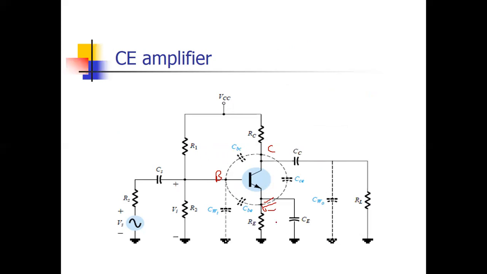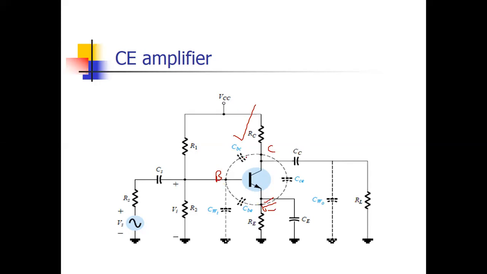Now this emitter is grounded, so the base is your input terminal and the collector is your output terminal. Now this CBC will be considered at the input side because this terminal is grounded. B and C: this is input, this is output. This will behave like a feedback path from output to input.